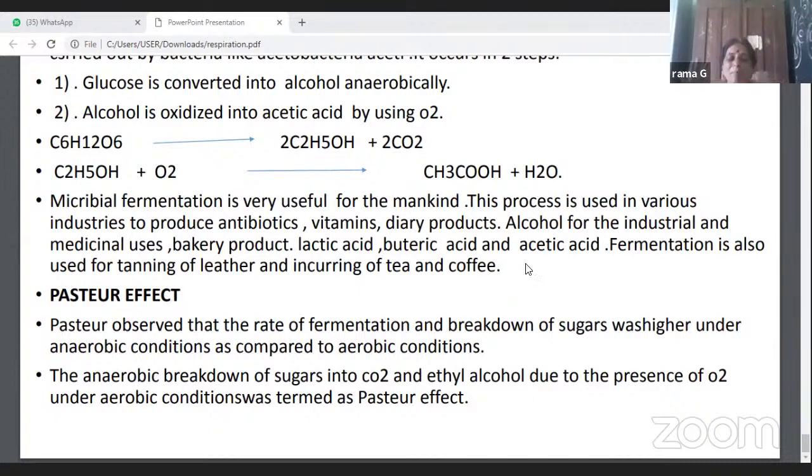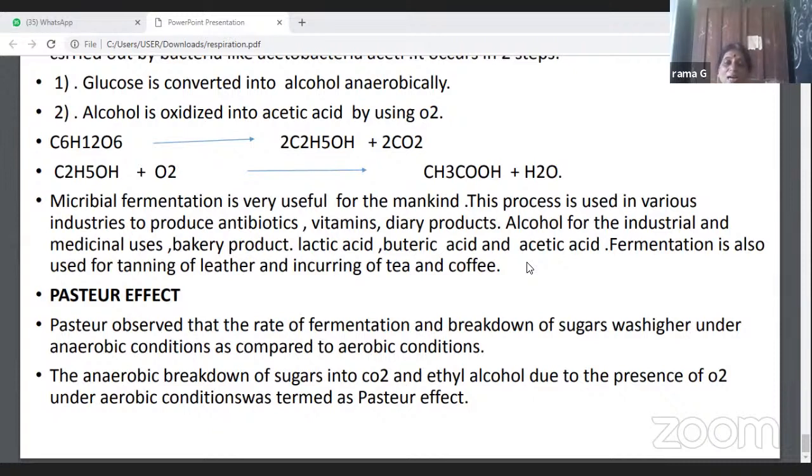Pasteur detected and noticed this change and published these points. That's why, after his name, this change is called the Pasteur effect. What is the Pasteur effect? It is nothing but the release of energy by using sugars as respiratory substrates.